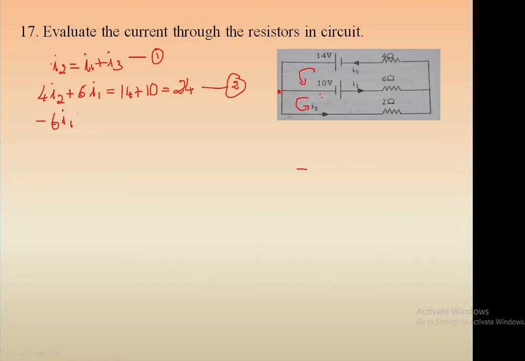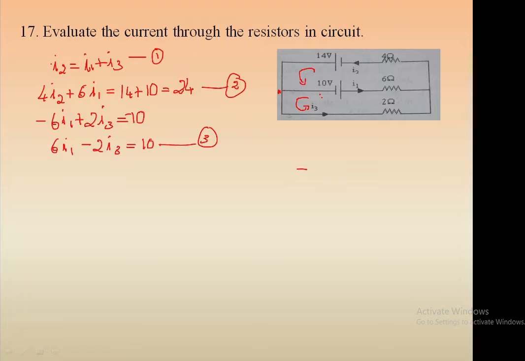So plus 2I3, and the EMF is in the opposite direction, so that is negative 10. So let us multiply each term by negative 1. So first term positive 6I1 negative 2I3 equals positive 10. That is equation number 3.